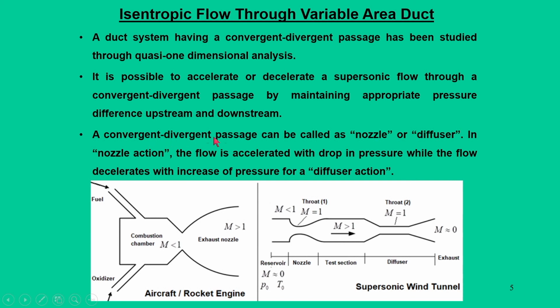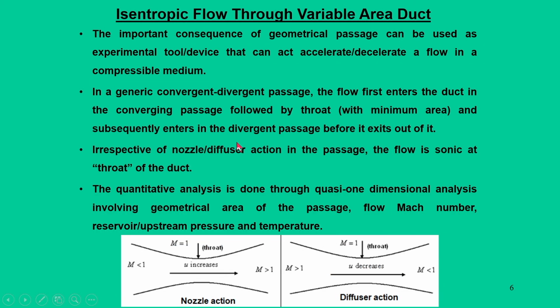Now, this convergent divergent passage can be called either a nozzle or a diffuser. If it performs nozzle action, the flow is accelerated with a drop in pressure, and if it is used for diffuser action, then it decelerates the flow with an increase in pressure. This fundamental concept is an important consequence of a geometrical passage that can be used as an experimental tool or device which can accelerate or decelerate the flow in a compressible medium.